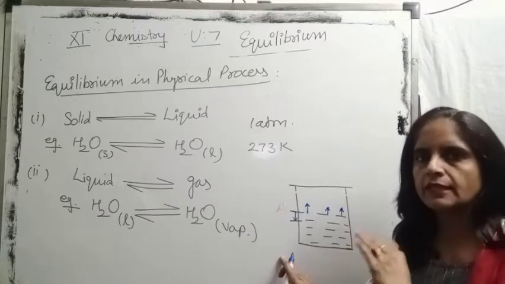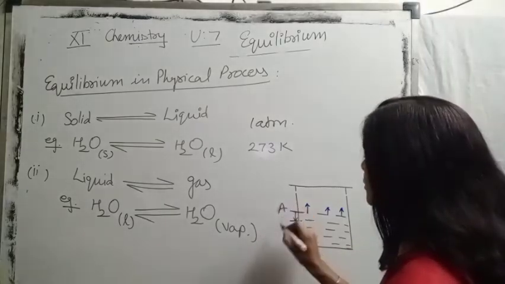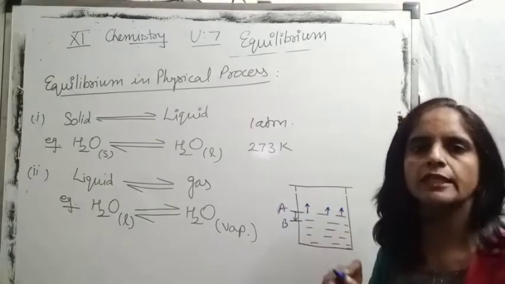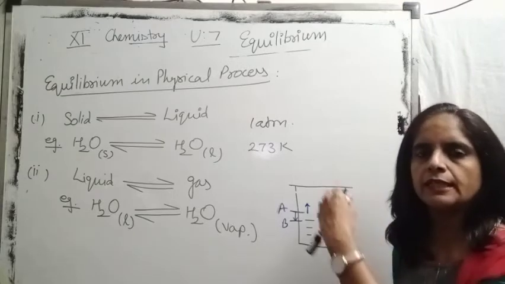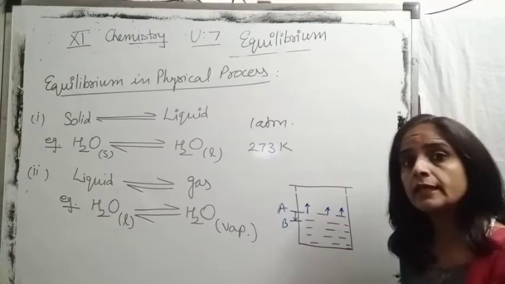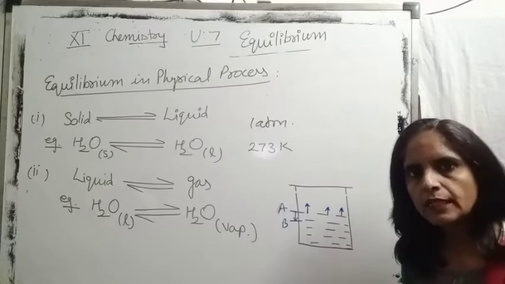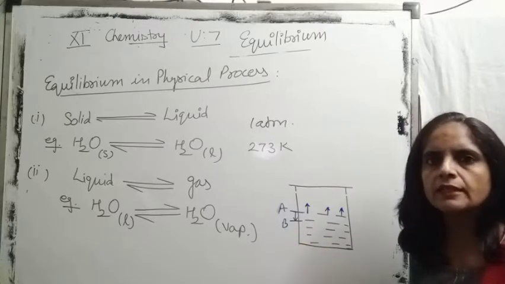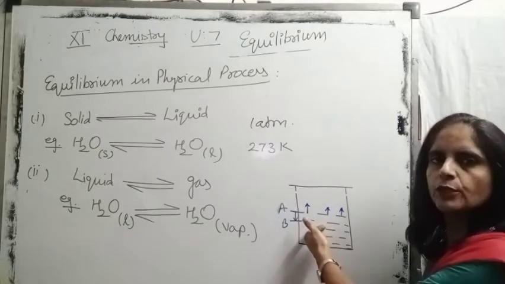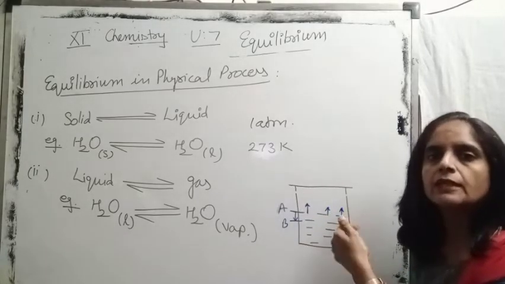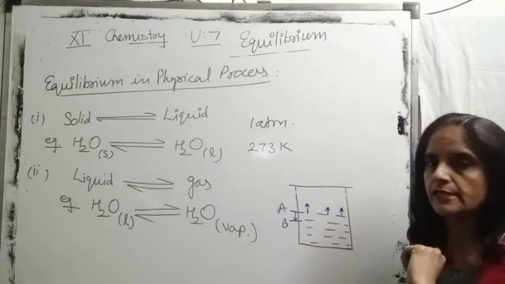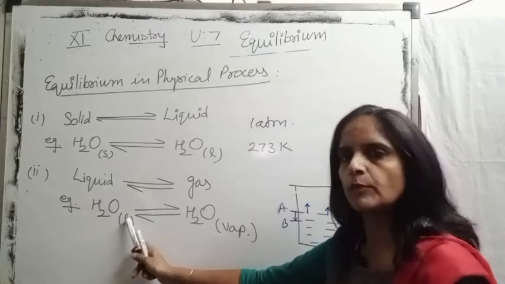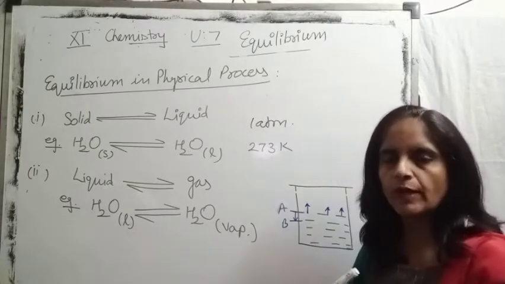After reaching this level, we cannot observe any further decrease in the level of water. Why is it so? For the initial decrease of level, we can easily answer that as the liquid molecules convert into vapors, the level started decreasing. This means the forward process is taking place, conversion of liquid into vapors.